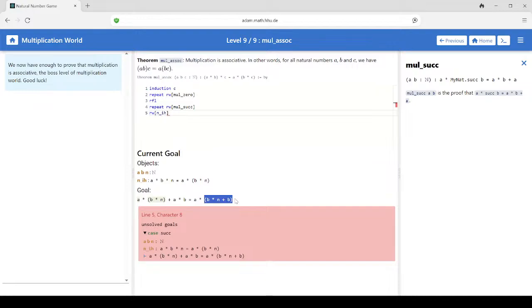This would be the same as two times b times n. No, would it? No, I don't think it would be.